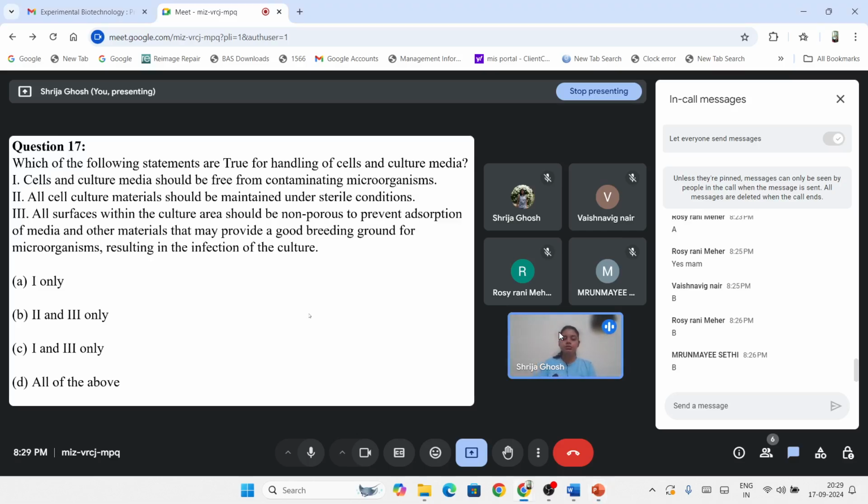So what would be the answer? You have to identify the true statements. So are all three statements true? Is the first statement only true? Are the second and third statements only true? Or are the first and third statements true? Which of the following options is correct? Come on, answer.